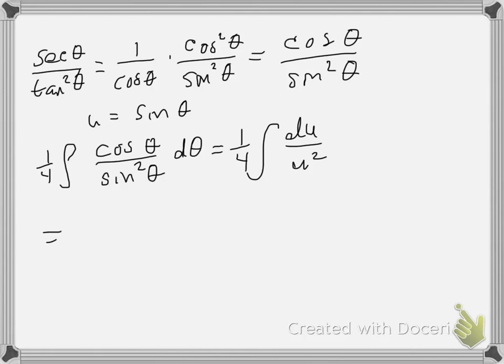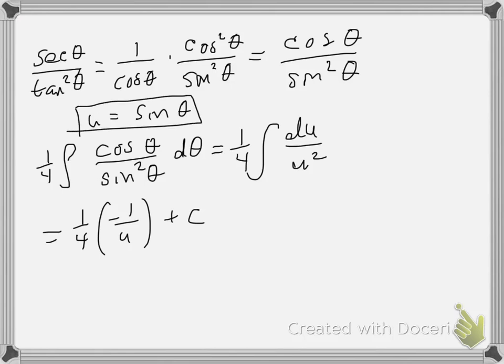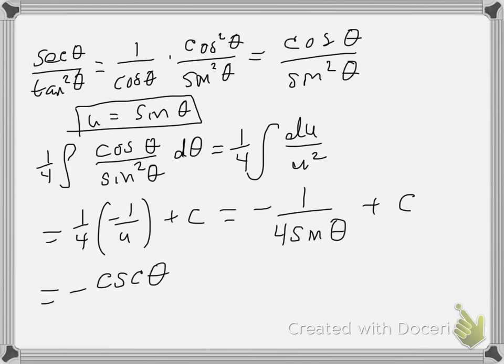This, of course, becomes 1/4 times negative 1 over u plus an arbitrary constant c. The u was, of course, the sine of theta. So this is simply negative 1 over 4 sine of theta plus an arbitrary constant c, which is the same as saying negative the cosecant of theta over 4 plus your arbitrary constant c.